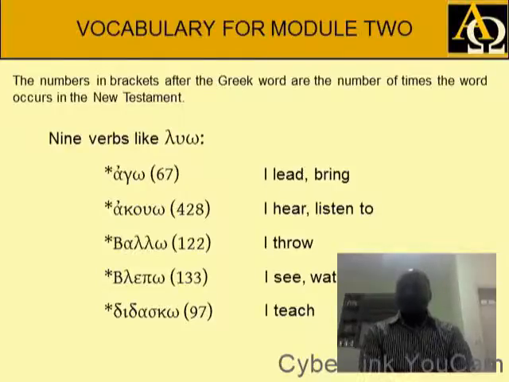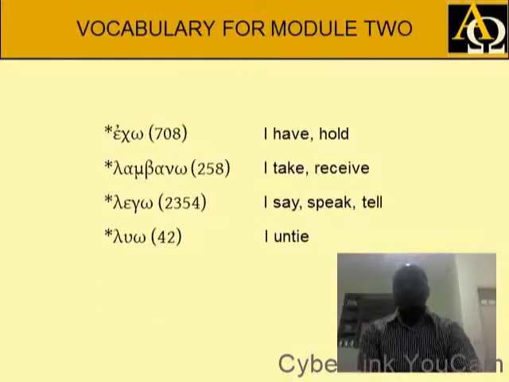Akuo, akueis, akuei, akuomen, akuete, akuousin. Balo, baleis, balei, balomen, balete, balousin. Blepo we did. Didasko, you can do the same thing as well. Each of these words we can conjugate like luo.